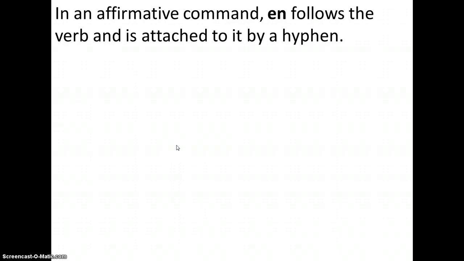All right. So in an affirmative sentence, a command, where you actually give orders, en follows the verb and is attached to it by a hyphen. It's very specific to the command, the imperative.